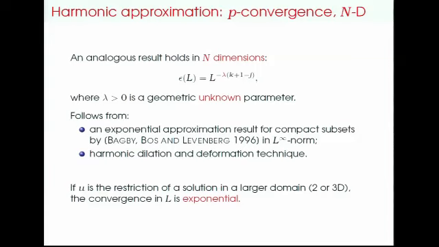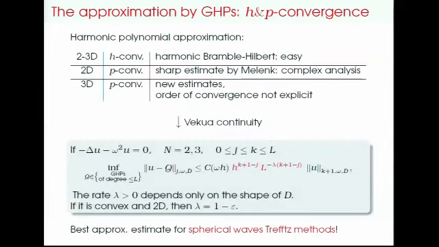And of course, both in 2 or 3 dimensions, if the solution can be extended outside the domain, we have an exponential order of convergence. But here we want to prove some convergence also for a solution with a singularity on the boundary of the domain. So we want to use this algebraic convergence. So we put all the results together. We have the harmonic orders of convergence.